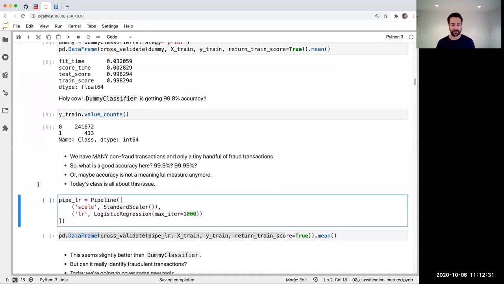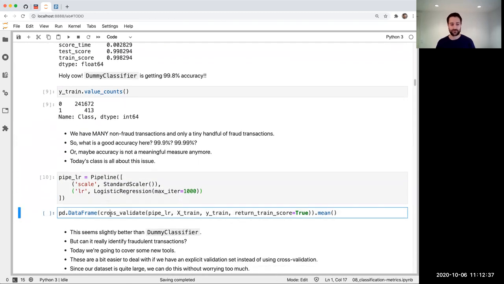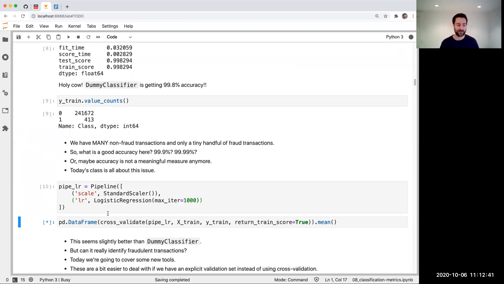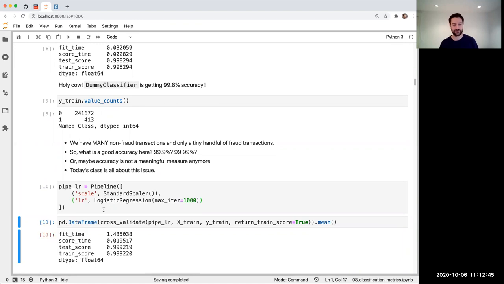Okay, so I'm going to make a logistic regression pipeline that is scaling followed by logistic regression. And I'm going to compute the score. And it just takes a couple seconds because it's a bit of a larger data set. And so, okay, I mean, we did improve from 99.8% to 99.9%.